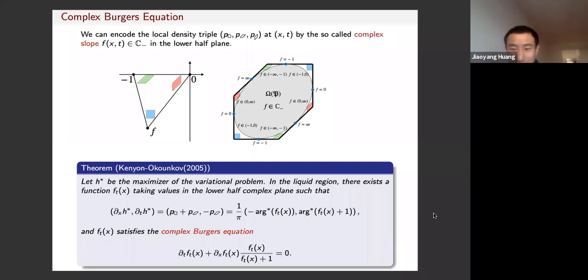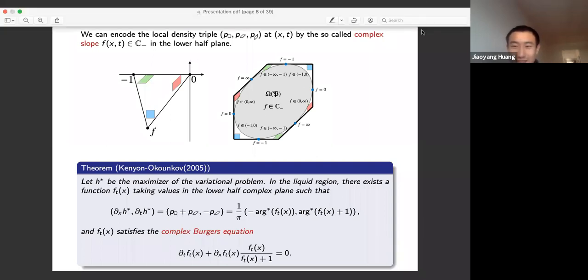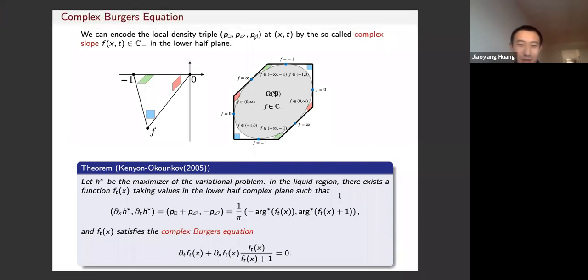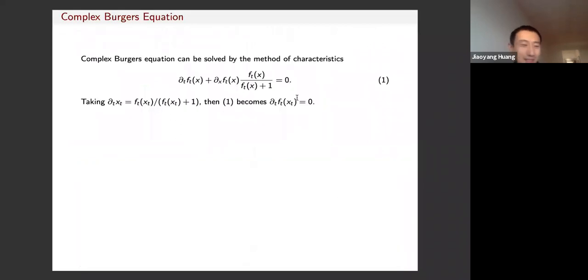For the complex Burgers equation, you can solve it the same as the Burgers equation by the characteristic method. Just define the characteristic x(t), whose time derivative is just this quantity, f over f plus 1. Then f(x(t), t) has time derivative 0.